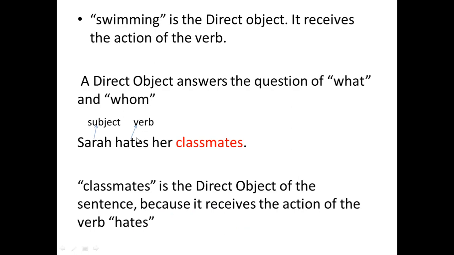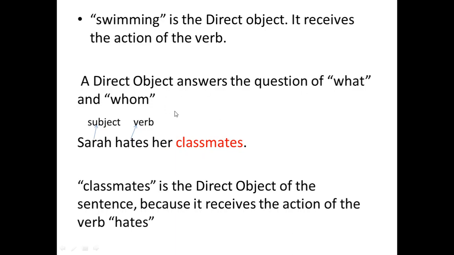Look at this example. Sarah hates her classmates. Again, let's identify one by one. Sarah, we know, is the subject, right? Hates is the verb. So let us make the question again, using what or whom.